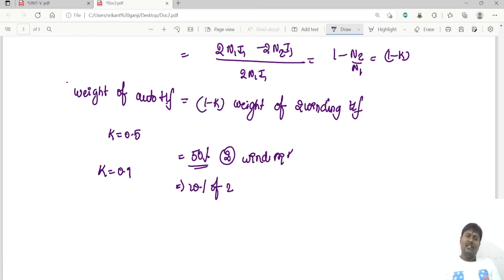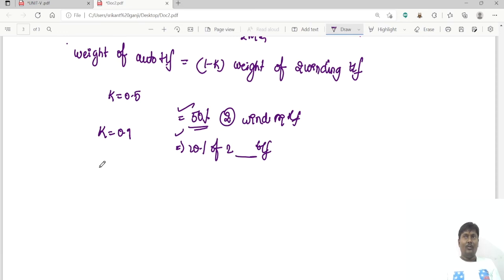That depends upon K. Suppose the two winding transformer weight is 1 kg, that means 1000 grams, and the weight of the auto transformer with the same kVA rating is 500 grams. How much copper is saved now? Only 500 grams, right? 1000 grams minus 500 grams gives 500 grams.